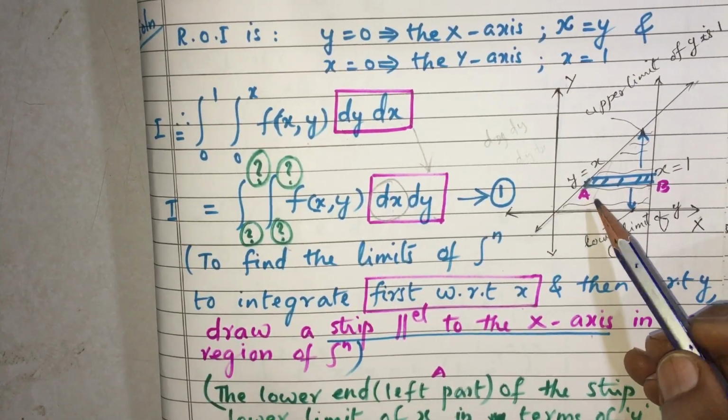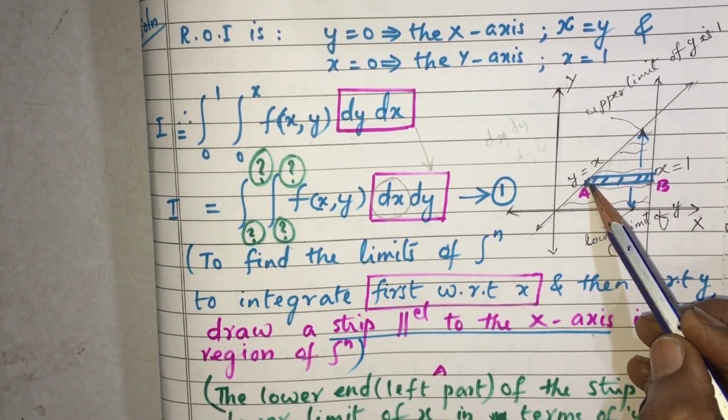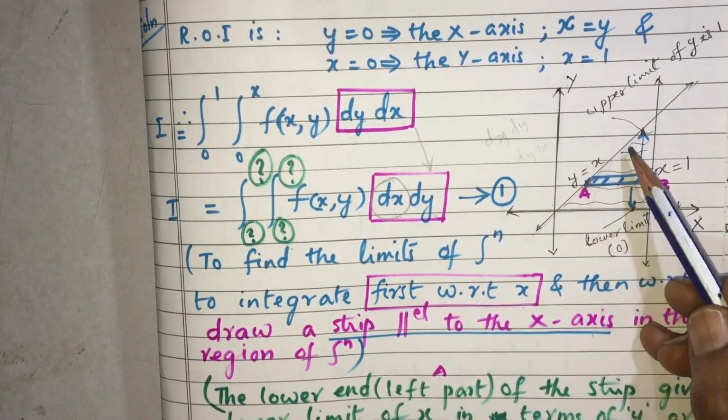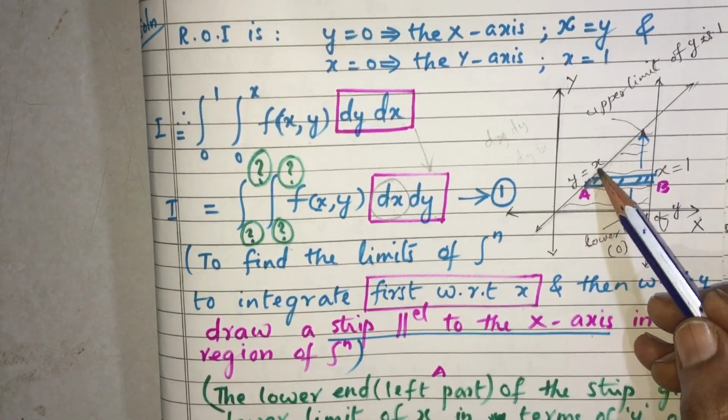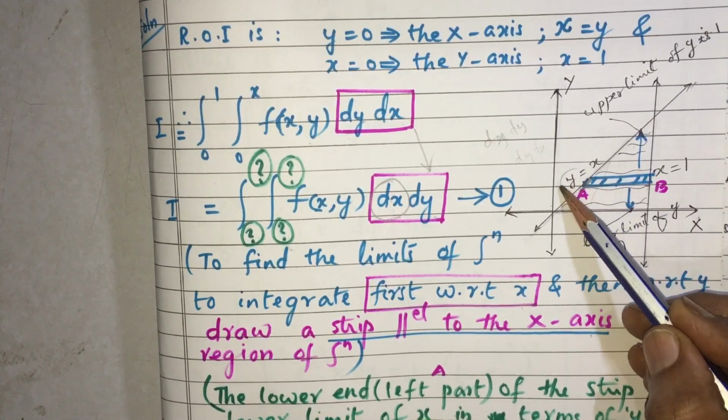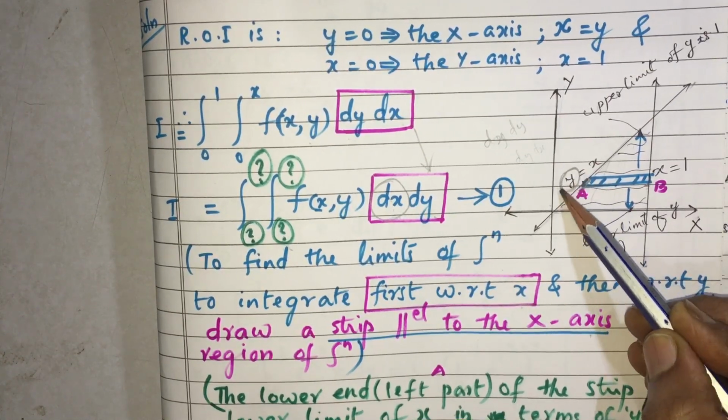Therefore, the lower end of this strip lies on the line y equal to x. That means here x is equal to y, so y is the lower limit.